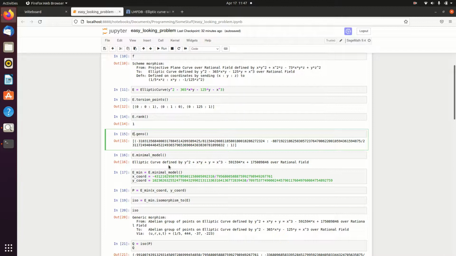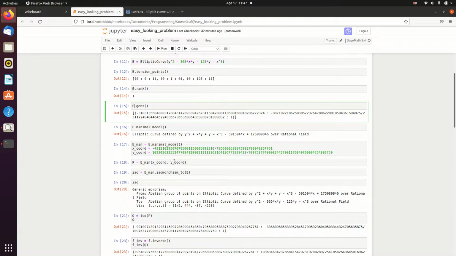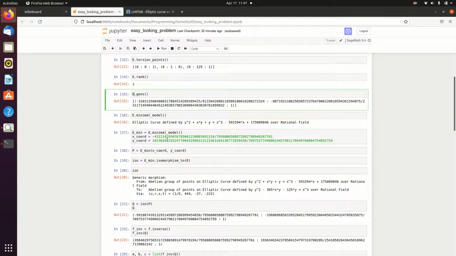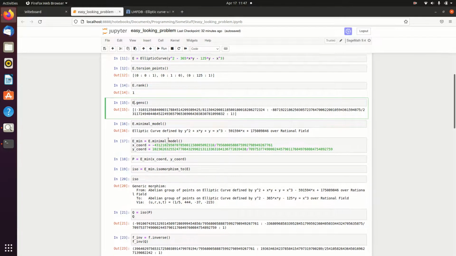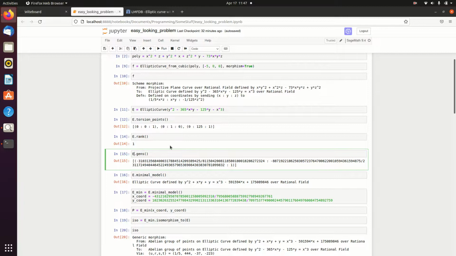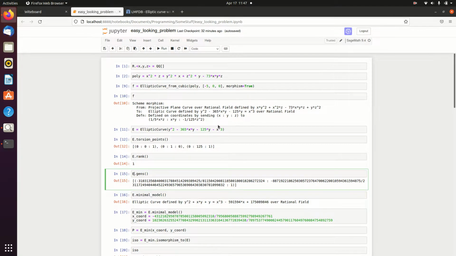Then, if necessary, we take multiples of this point, every time transform it back from the elliptic curve to our initial cubic equation with this morphism f inverse, and look if we get a positive solution.